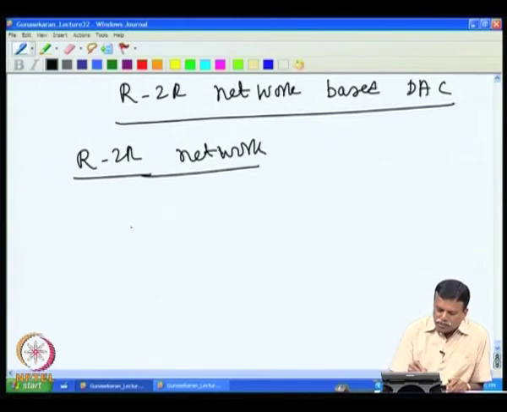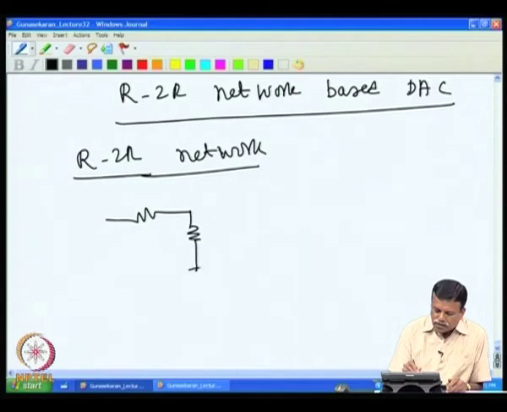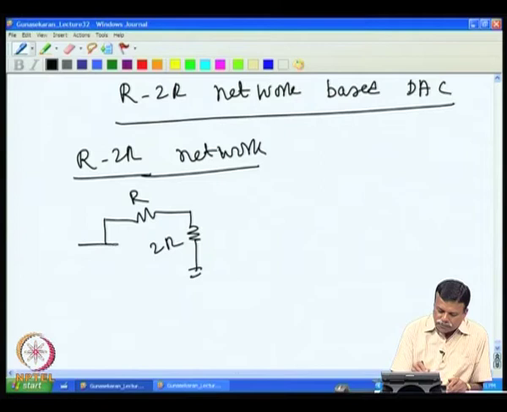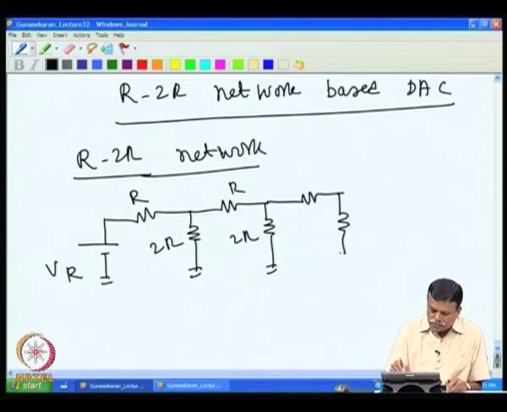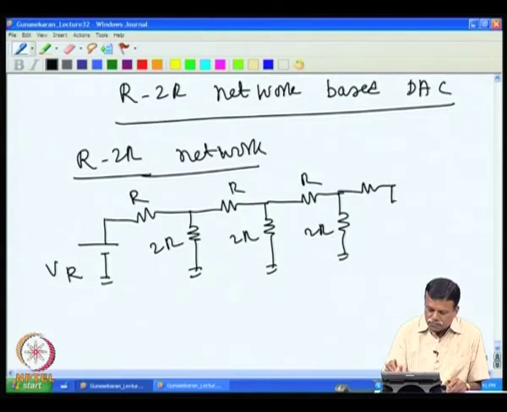In the R2R network, we can, for example, have R and 2R, and a reference here, V reference. Then I can have another R and then 2R, and lastly 2R.